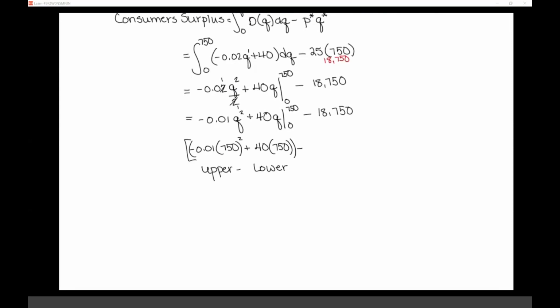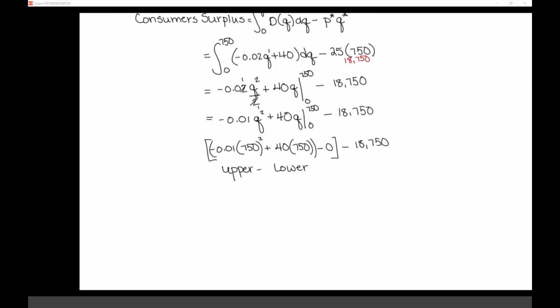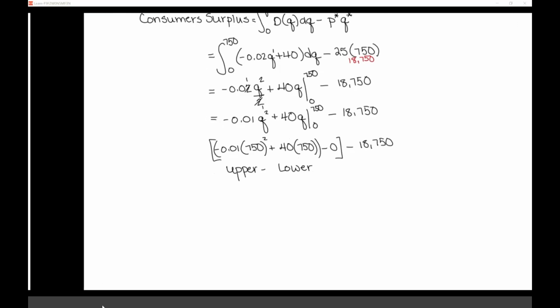If you take a look at the lower bound, if I put a 0 in for Q squared, I'm going to get a 0, and if I put a 0 for Q, I'm going to get a 0. So my lower bound is 0, minus 18,750. Then again, this is something you evaluate on a calculator.